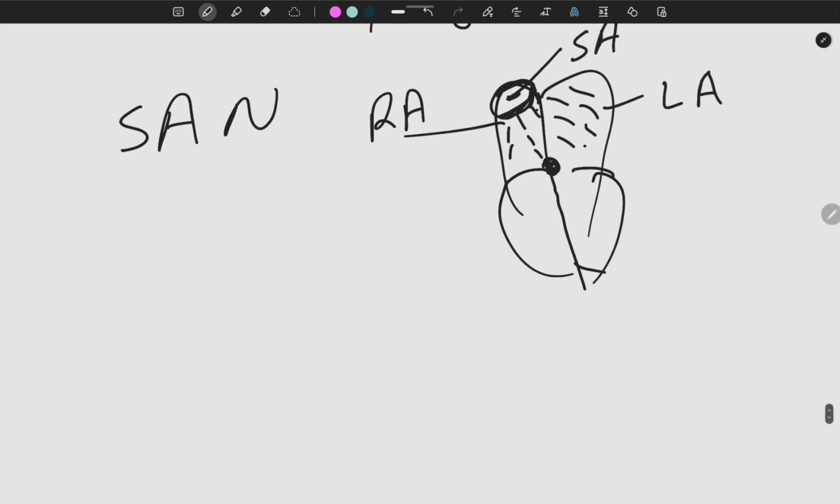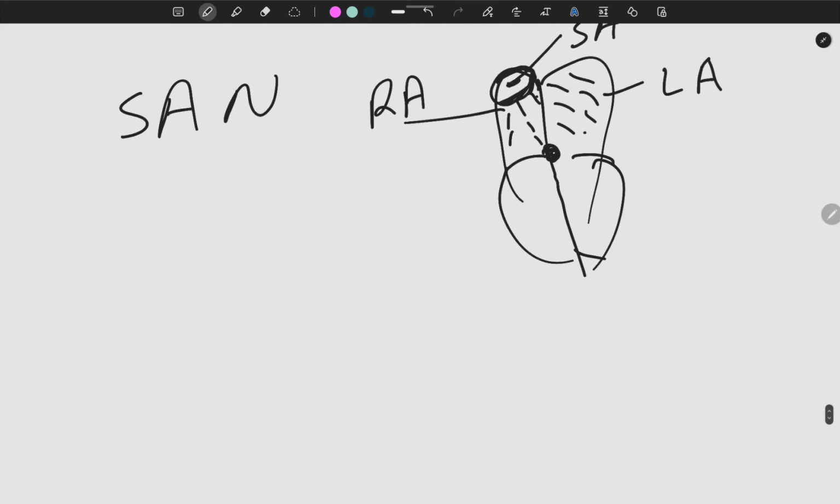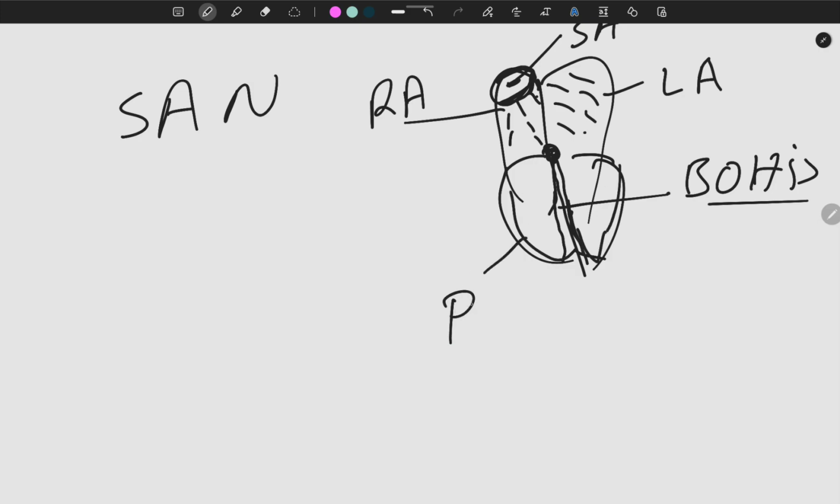When it reaches the atrioventricular node, the impulses go to the bundle of His. Two branches are generated from the atrioventricular node, called the bundle of His. After that, the impulses go to the Purkinje fibers.